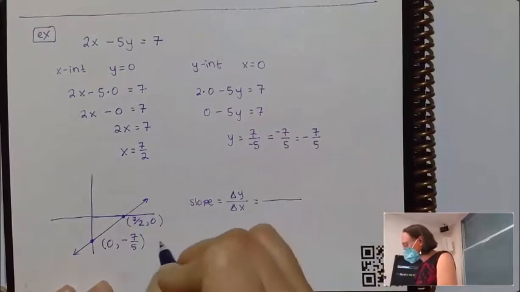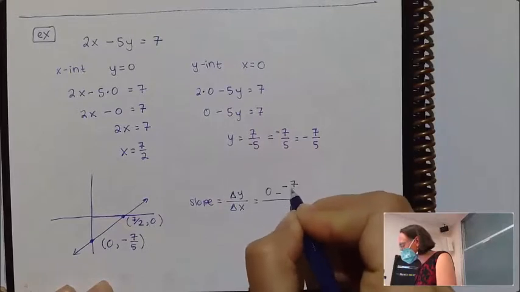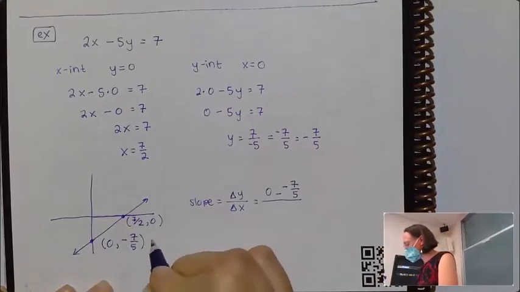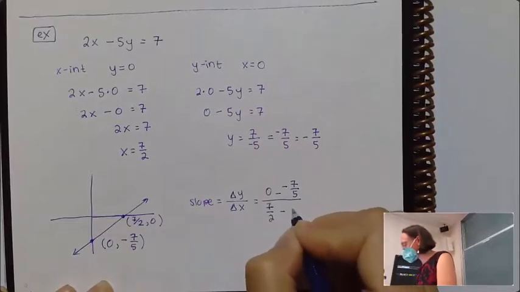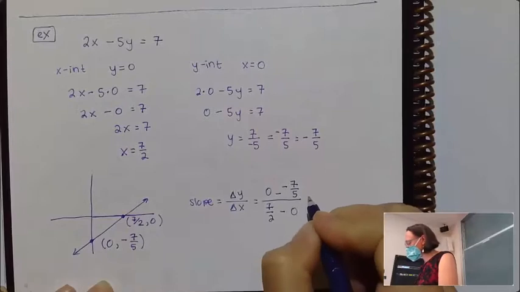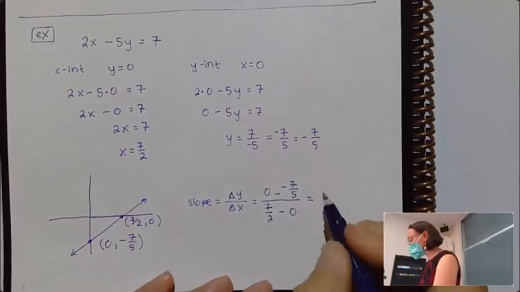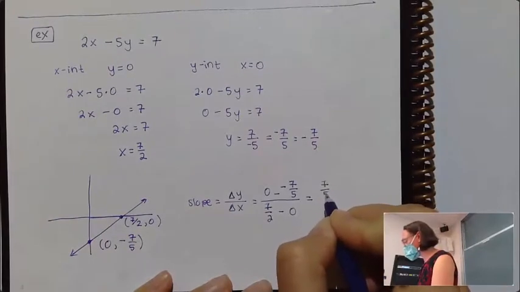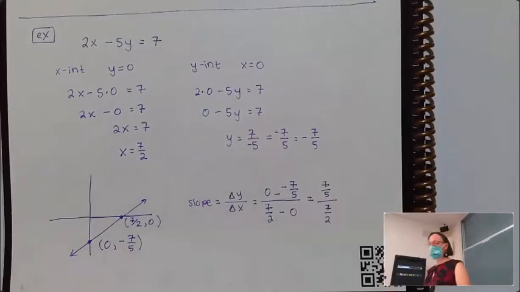So for that change in y, I would have 0 minus -7/5. And then I would have 7 halves minus 0. Minus a negative, I'm going to choose to rewrite that as a positive 7/5. And then we are dividing by 7 halves.